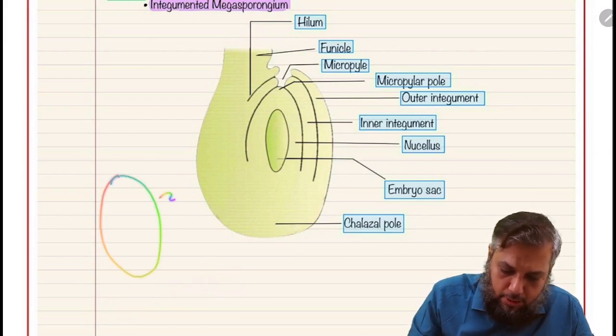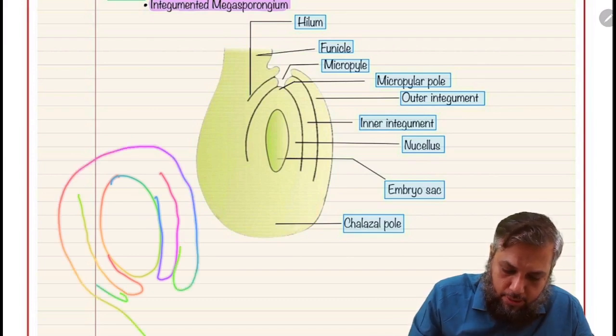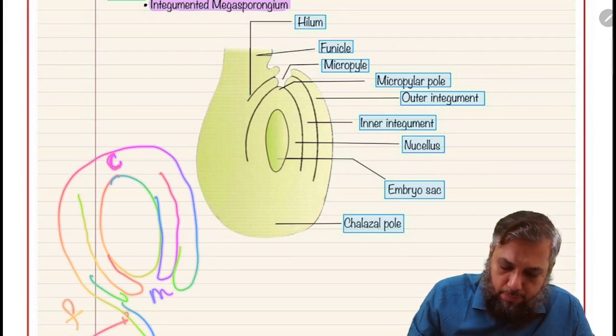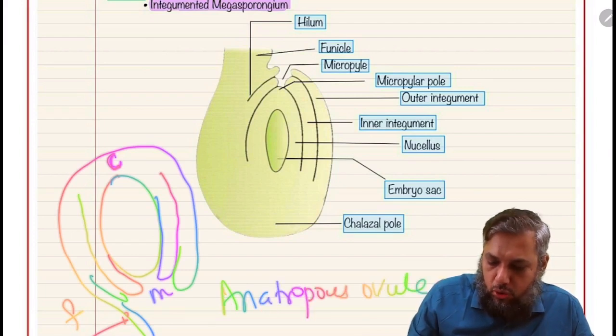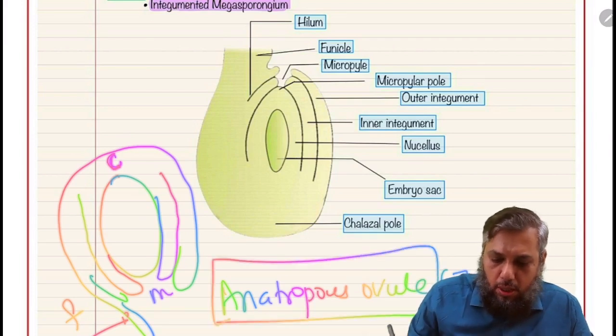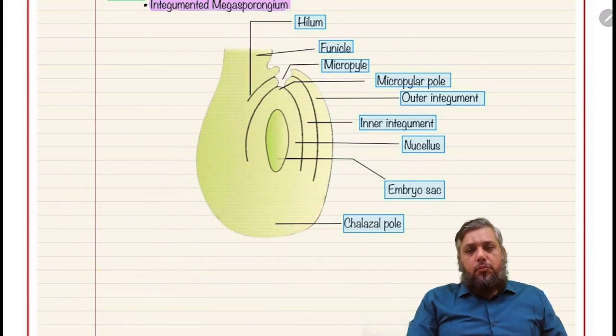Whereas in this particular ovule, the micropyle and the chalaza, the base of the ovule, are in one line, but the funicle is not in line with them. This is called the anatropous ovule. And the majority of ovules in angiosperms are anatropous.